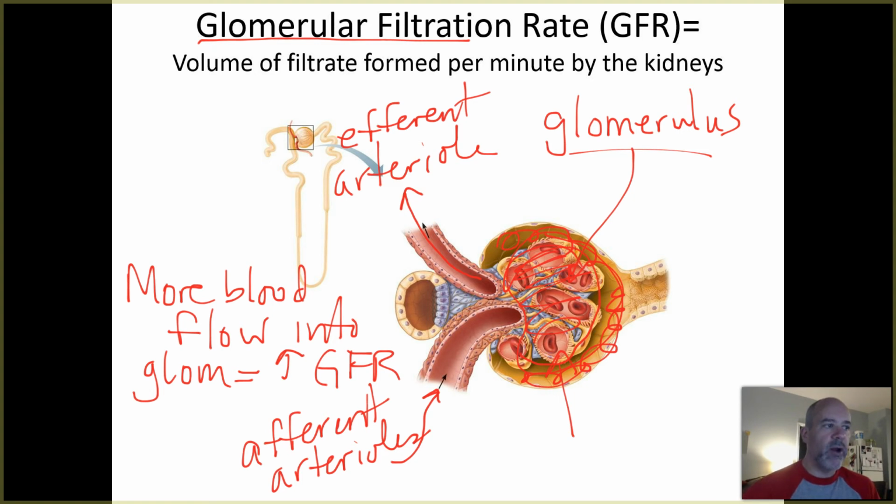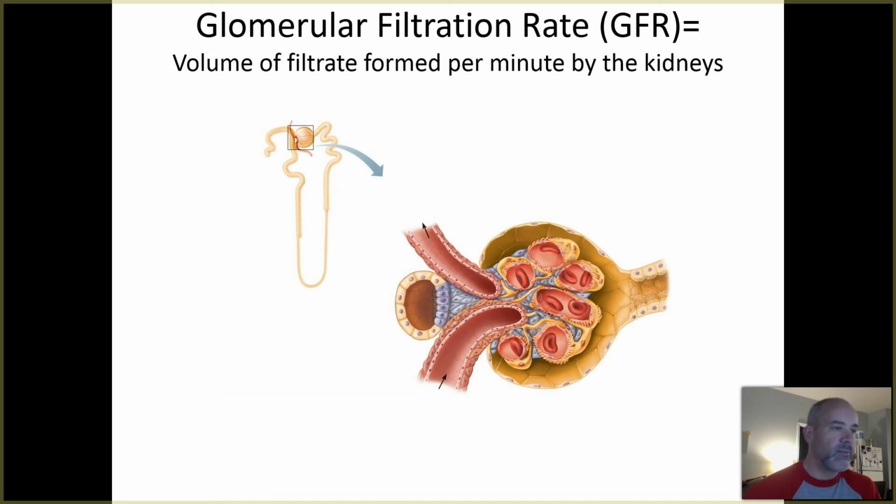All right, so how do we control how much blood is actually making it from the afferent arteriole into the glomerulus? Well, a key way to do that is if you squeeze the afferent arteriole, if you constrict it.